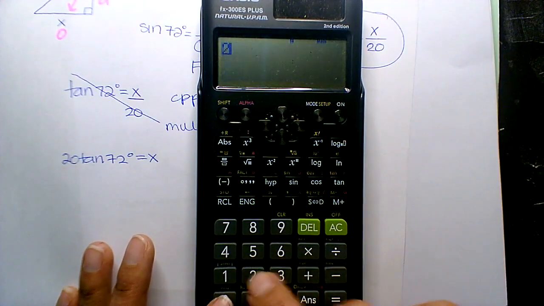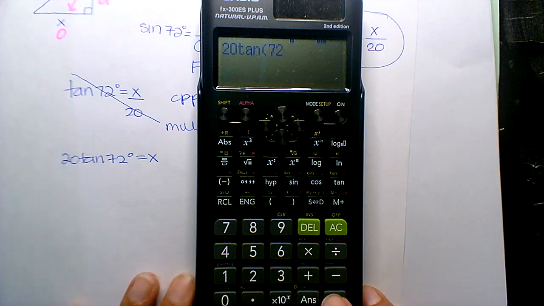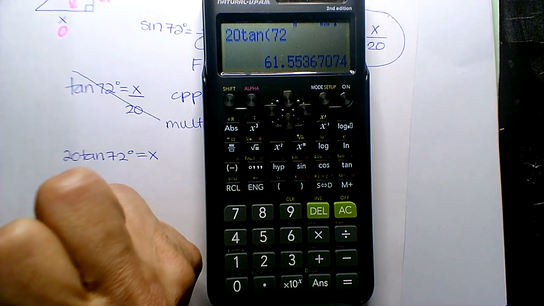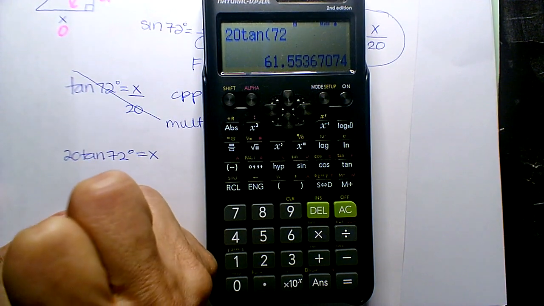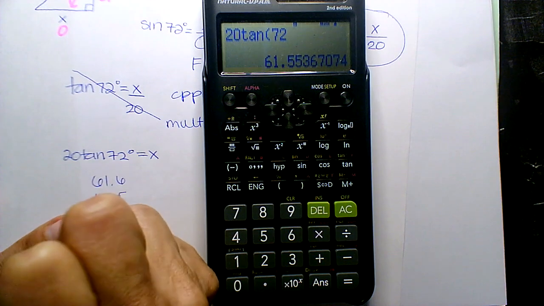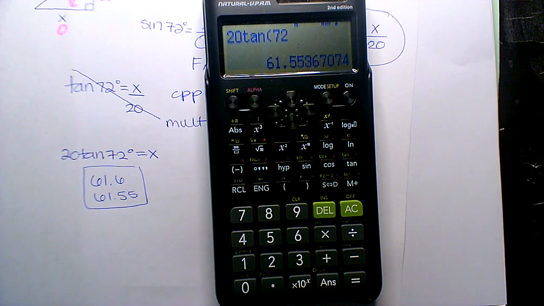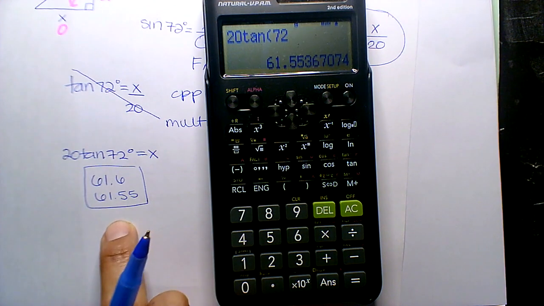And you could try it, you're going to get 61.6 or 61.55. Either one, pick. I want tenths or hundredths, not integers. You can't round up. So that's what you get.